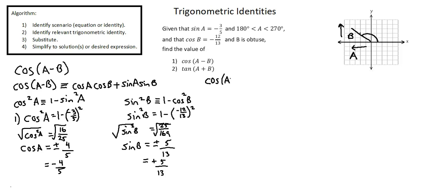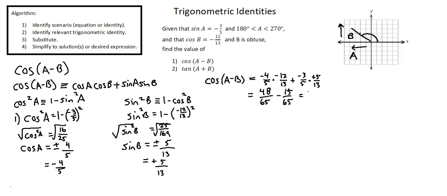Cosine of A minus B equals cosine of A, which is negative 4/5, times cosine of B, which is negative 12/13, plus sine of A, which is negative 3/5, times sine of B, which is positive 5/13, equals negative 4 times negative 12 is 48, over 5 times 13 is 65, plus negative 3 times positive 5 is minus 15, over 5 times 13 is 65.